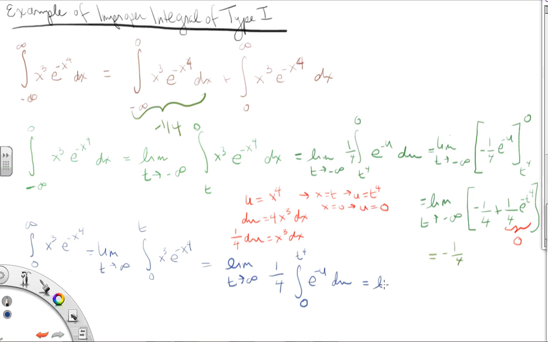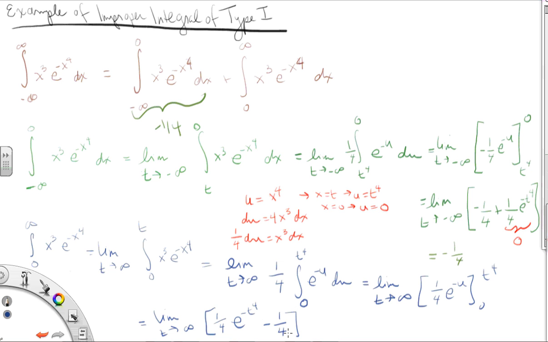And so that's the limit as t goes to infinity of 1/4 e to the minus u from u equals 0 to t to the fourth, which is the limit as t goes to infinity of 1/4 e to the minus t to the fourth, minus 1/4.